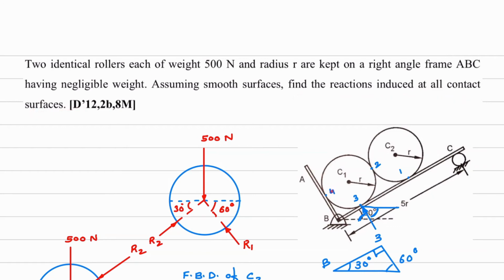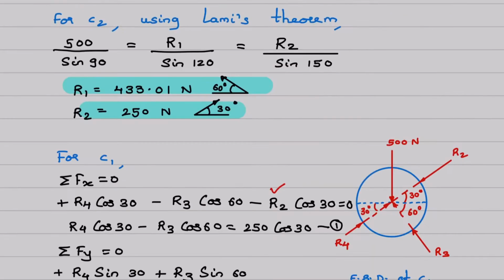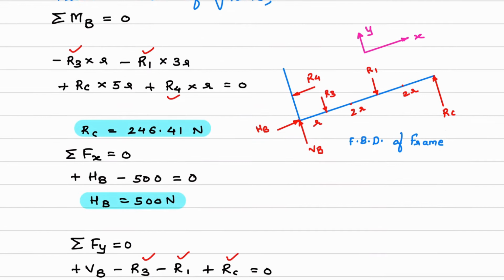So we have calculated R4, R3, R2, R1, then HB, VB. The only thing remaining is the net resultant RB, which we can calculate from HB and VB.